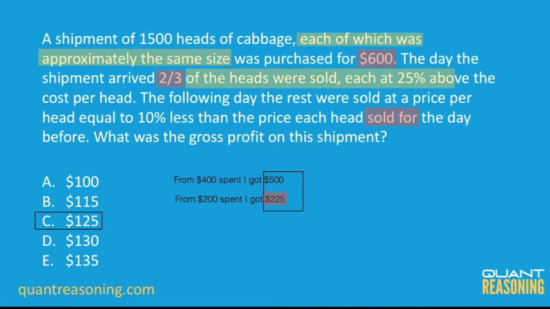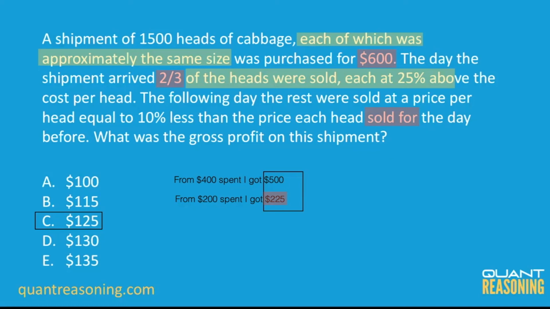If the cabbage heads were all different, if there were some really big, juicy, expensive cabbage heads versus rotting, 3 months old, tiny, dried up cabbage heads, then we wouldn't be able to just assume that the $600 were just spread out evenly among the 1,500 heads of cabbage.